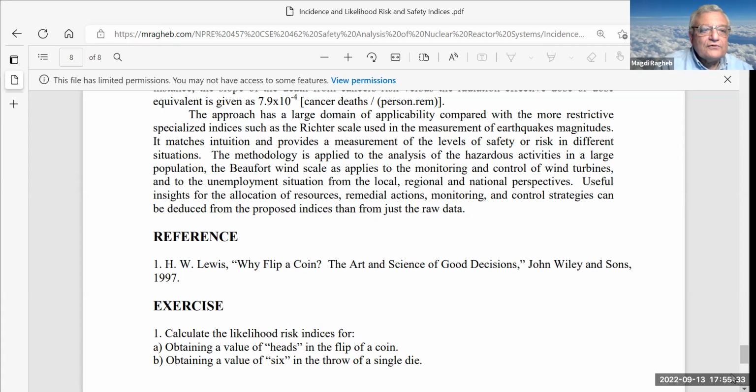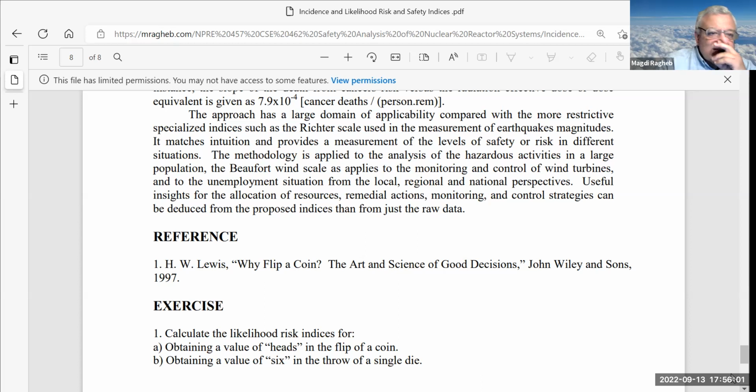The approach has a large domain of applicability compared with the more restrictive specialized indices like the Richter scale for earthquakes, as we have covered before, used in the measurement of earthquake magnitudes. It matches intuition and provides a measurement of the level of safety or risk in different situations. The methodology is applied to the analysis of hazardous activities in a large population.